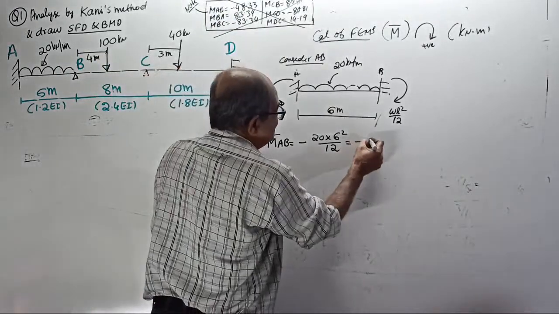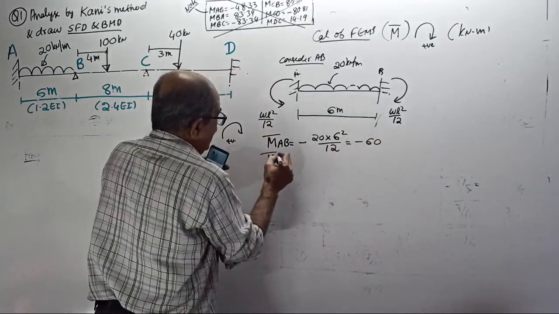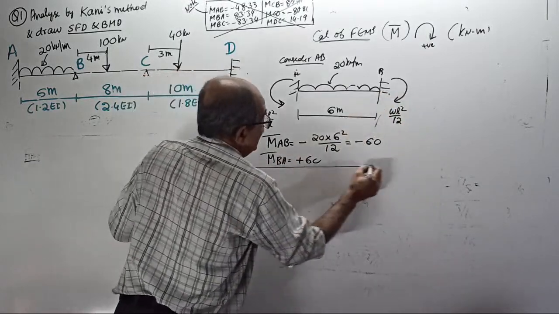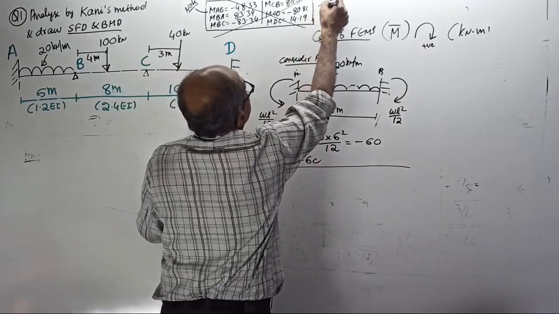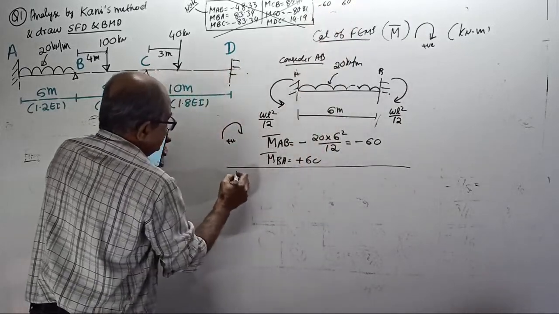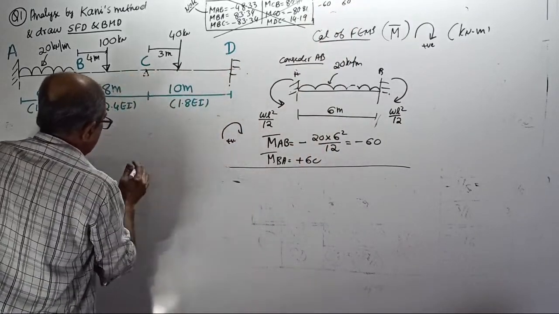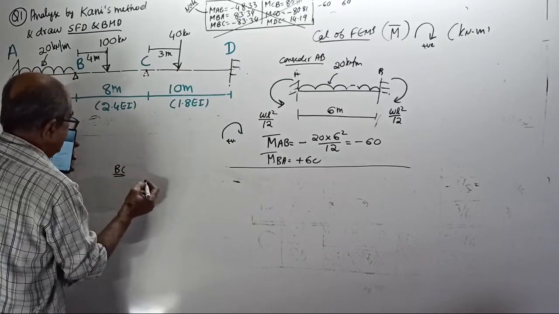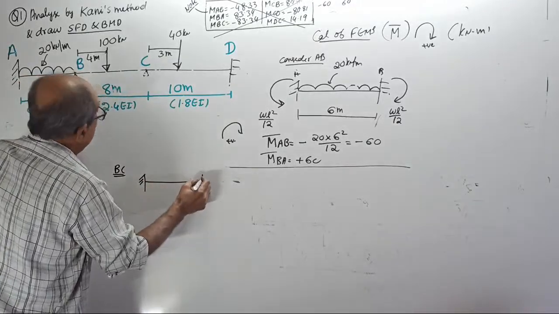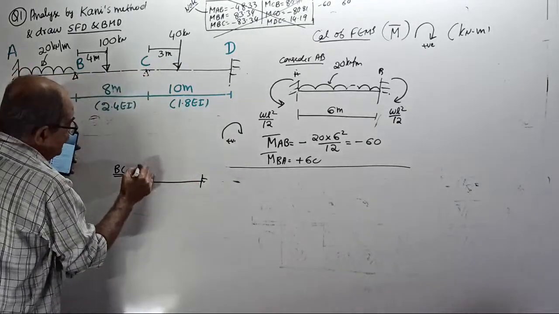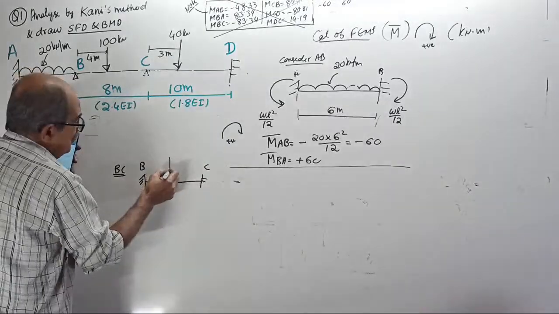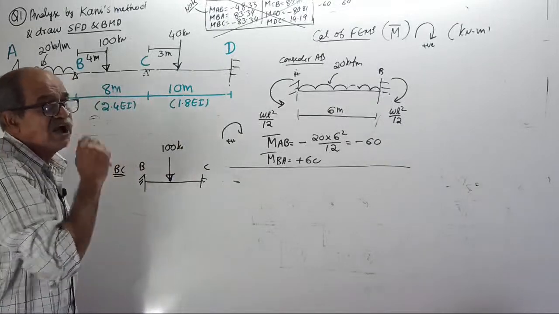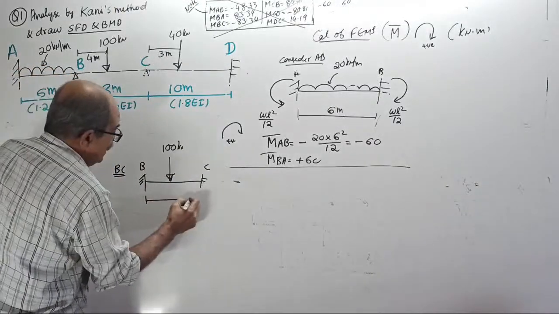Okay. Minus 60. M bar BA is plus 60. So minus 60, plus 60. Later, consider BC. When you consider BC, B and C both are taken fixed. Some people ask you, are they really fixed? You should shout back at them, hey, don't talk, I am finding FPM, don't interfere.